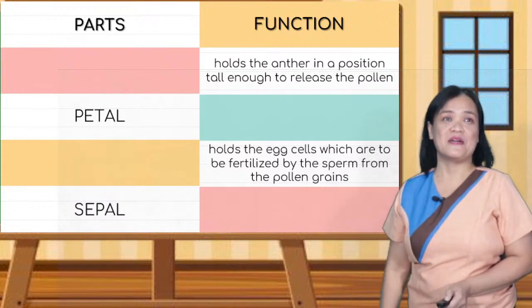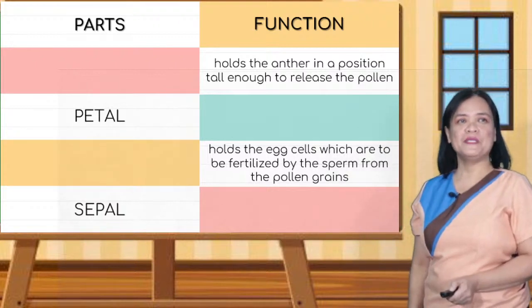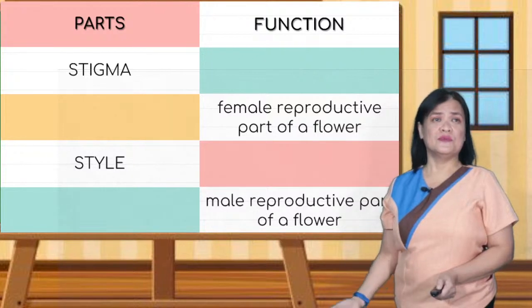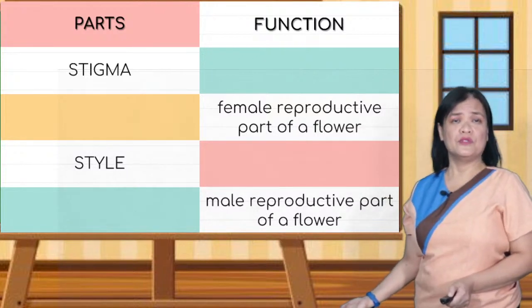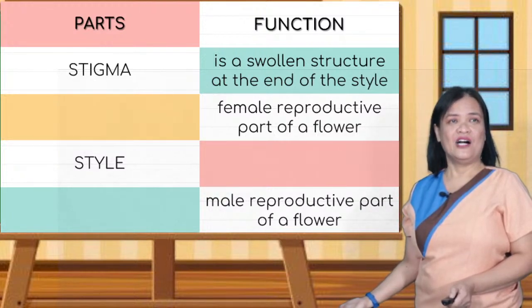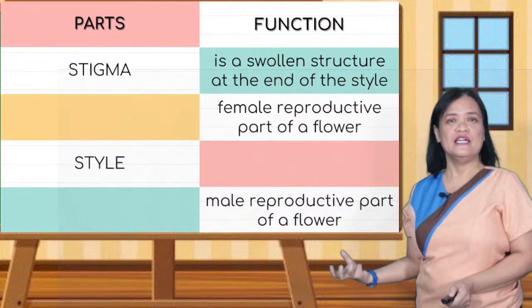All right, time's up. Check your paper now. So stigma, what is the function of stigma? How do you describe it? Stigma is a swollen structure at the end of the style. Yun yung nakaumbok, okay? It's a swollen structure at the end of the style.